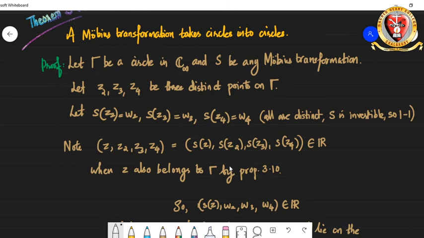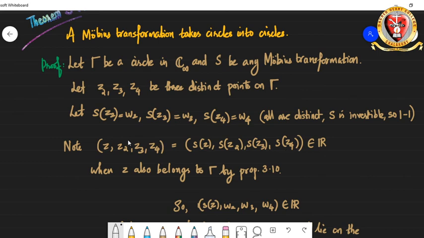That was a theorem we had dealt with before. Hope you are clear here, because this cross ratio is nothing but the cross ratio of the images of these points themselves, applying S of z, S of z2, S of z3, S of z4.